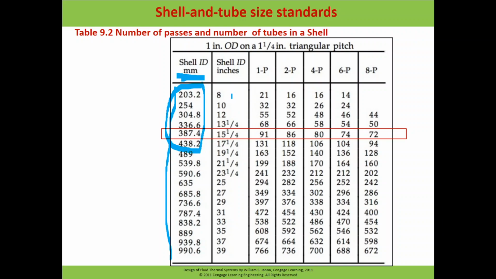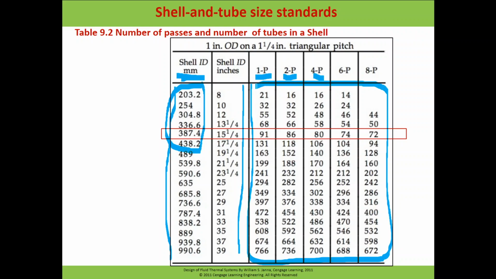And this column is showing the shell diameter in inches, and here it is in millimeter. And this is showing the number of tubes. This is corresponding to 1 pass, this to 2 pass, 4 pass, 6 pass, and 8 pass. And these numbers here are showing the number of tubes.